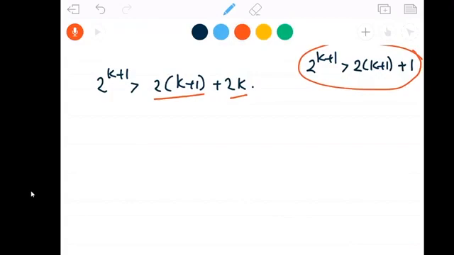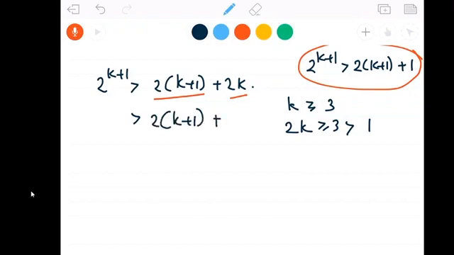So we know that k is greater than or equal to 3. Certainly 2k will be greater than or equal to 3, and it is greater than or equal to 1. If something is greater than or equal to 3, it is certainly strictly greater than 1. Okay, so I can write this is greater than 2(k+1) plus 1, because 2k is greater than 1.